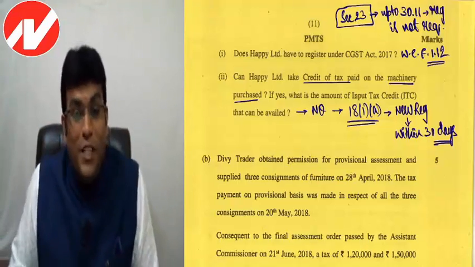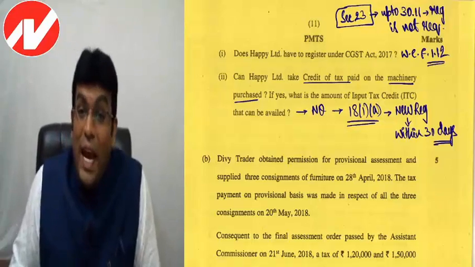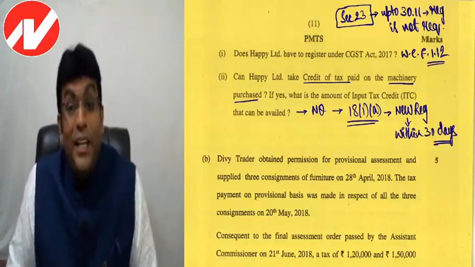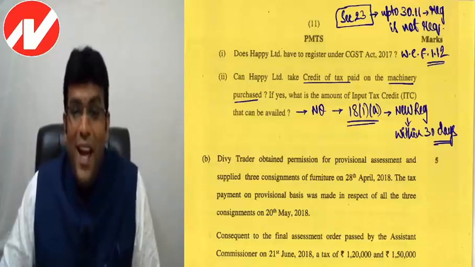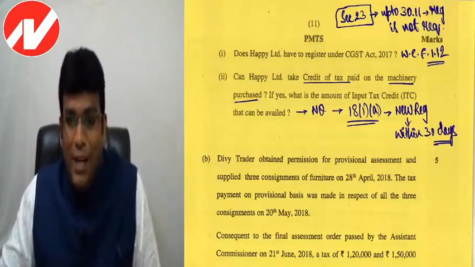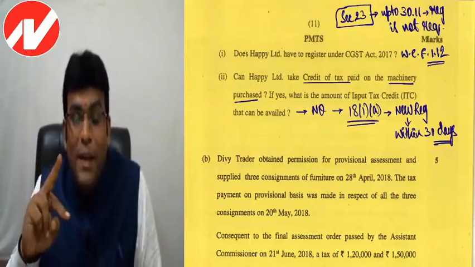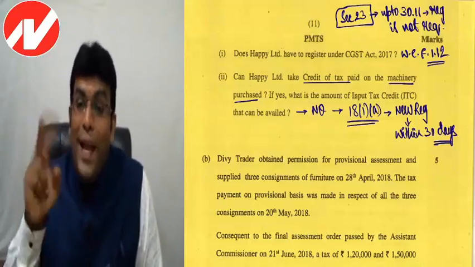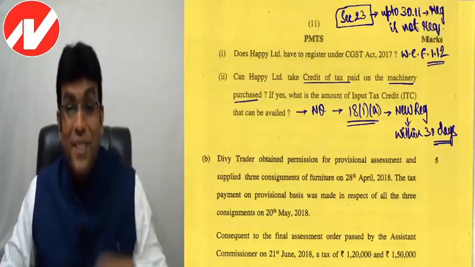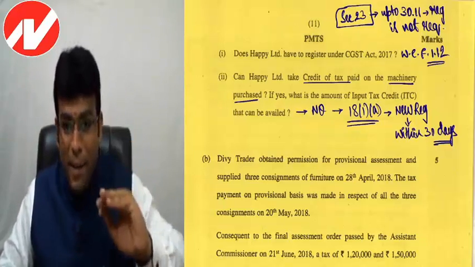In fact, one special point is there in section 18(1)(b), which says that input tax credit is allowed even on capital goods. And 18(1)(d) will apply when exempted supply becomes taxable supply by a registered person. That means 18(1)(d) will come into picture.